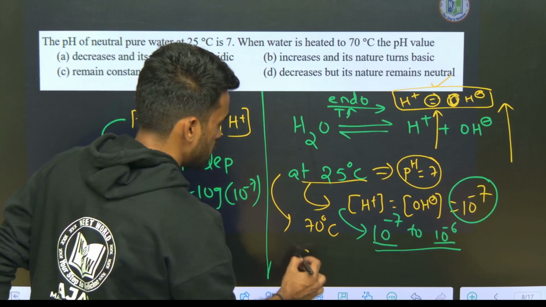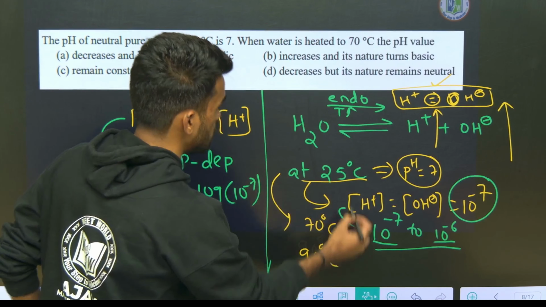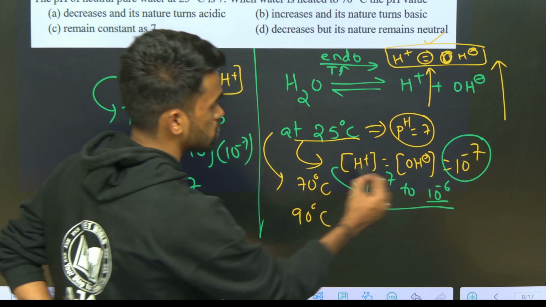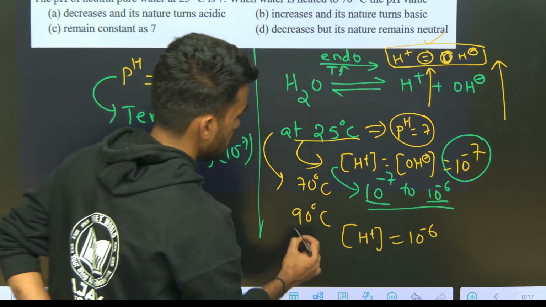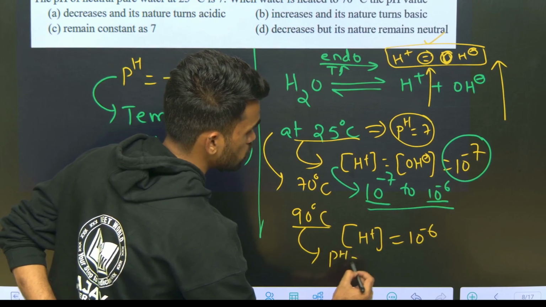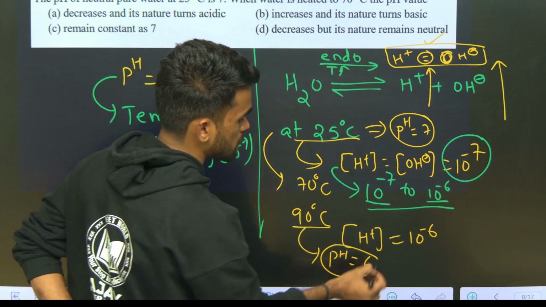Why? Because at 90 degrees Celsius, the concentration of H plus ion and OH minus ion is found to be 10 power minus 6. So at this point, pH equals 6. The neutral point on the pH scale is 6.